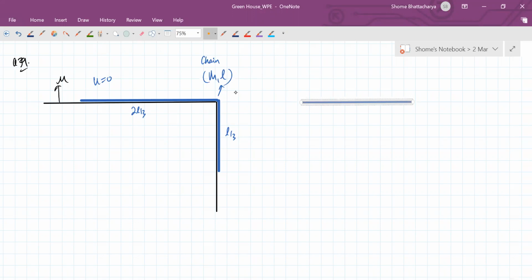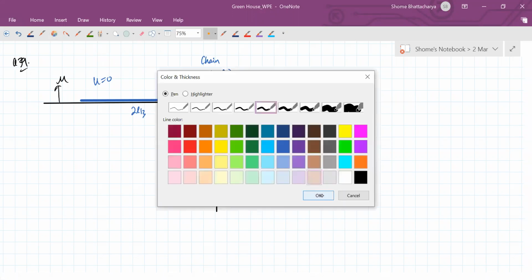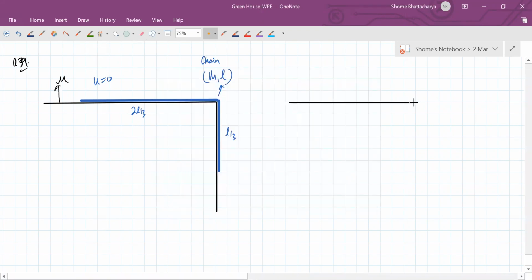So by the time the chain has just about slipped off completely from the table, we have to find out the work done by friction.